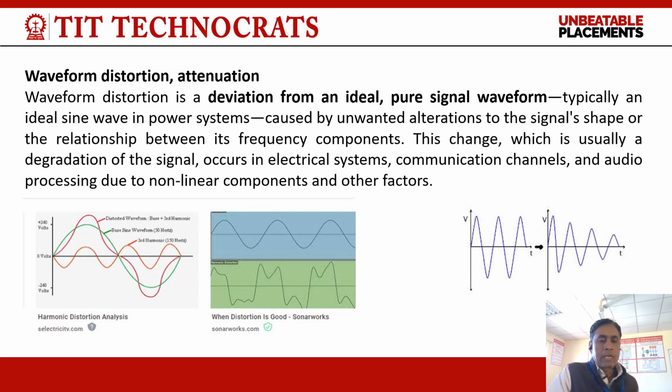You can see the diagram. Different waveforms with different colors are shown, and distortion in the wave is visible. In the third diagram, we can easily see there is attenuation of the waveform.